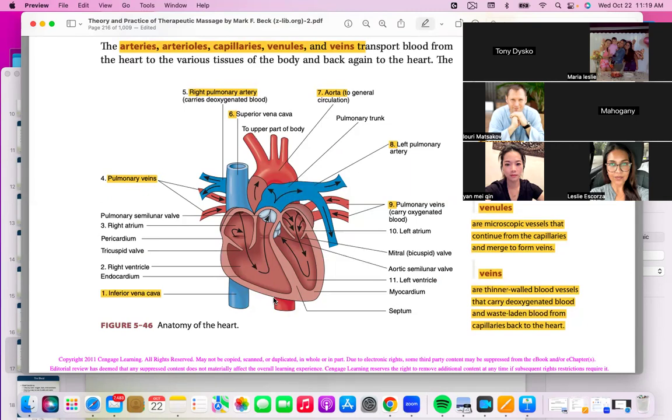On 113, it says the course that blood travels. And this page is important because most of the questions are going to come from that page. They will trick you in many ways to come up with different ways to flow with the heart. And we just want to make sure that you don't get confused. Okay?